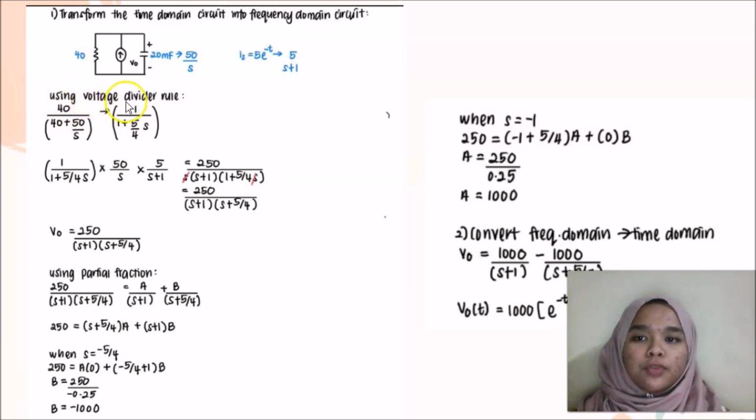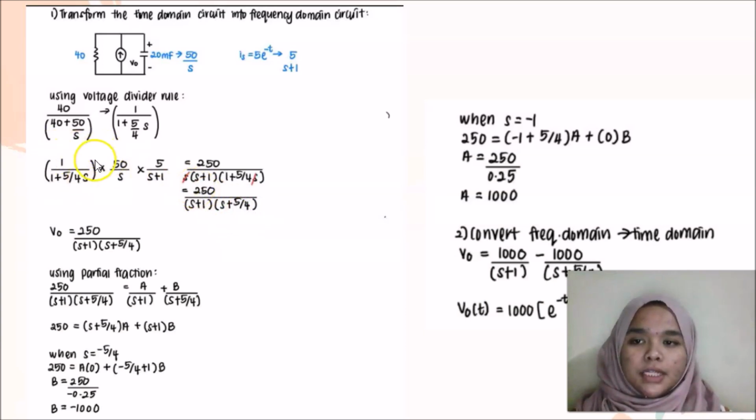Then we use the voltage divider rule. Since the capacitor is in parallel with the resistor, we assume that the voltage across the capacitor is the same as the voltage across the resistor. By using the voltage divider rule, we will get 250 over (S plus 1)(S plus 5 over 4).